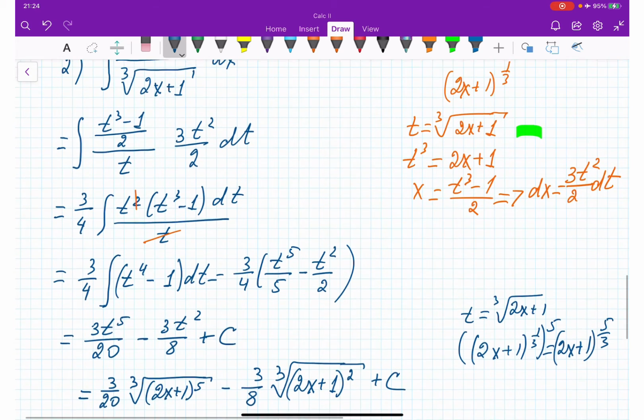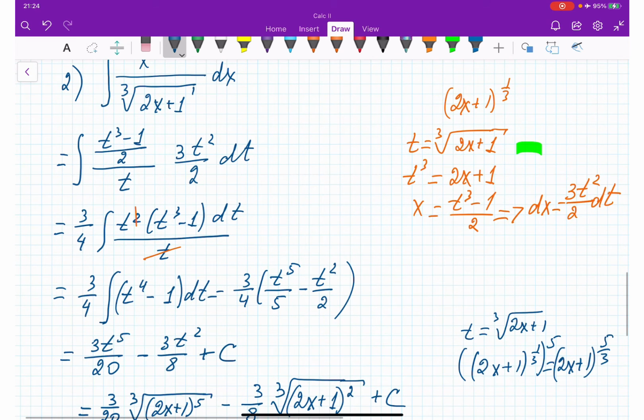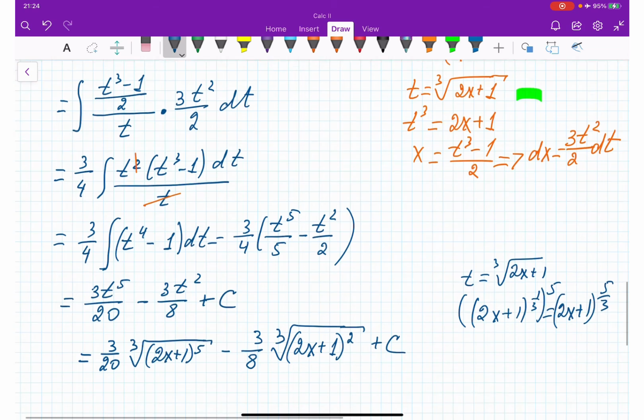Okay, let me see. What is this here? Yeah, this is multiplication. I just saw it, so you won't get confused what it is. Yes? Okay.